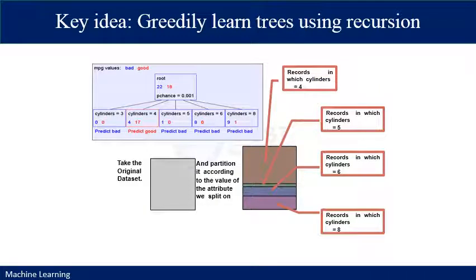So the key idea in the greedy learning algorithm, or the greedy recursion of the trees, is to find the number of examples classified by each value. So you take the original dataset and then partition it according to the value of the attribute we split on. For example, in the previous example, we have records in cylinders 4, 5, 6, and 8. As you can see, records of cylinder 4 are significantly greater than the rest of the others.